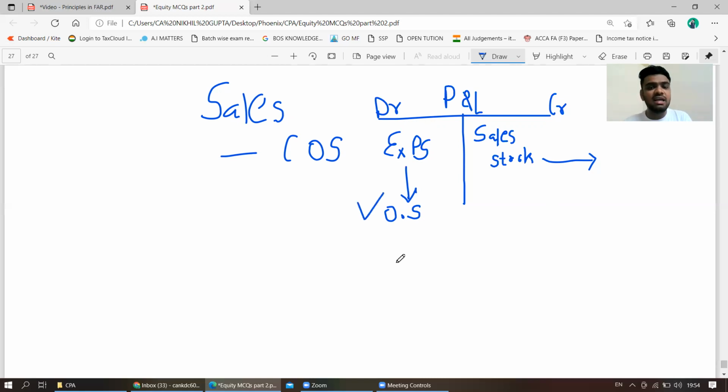So the outstanding expenses, same way when we talk about prepaid expenses, what happens is that we reduce the prepaid expenses from the current year expenses. We add the expenses outstanding in the current year. Why? Because the timing was important. The principle of matching states that the timing of the expenditure is in the current year, so you should add it. If it is not in the current year, don't go for the payment.